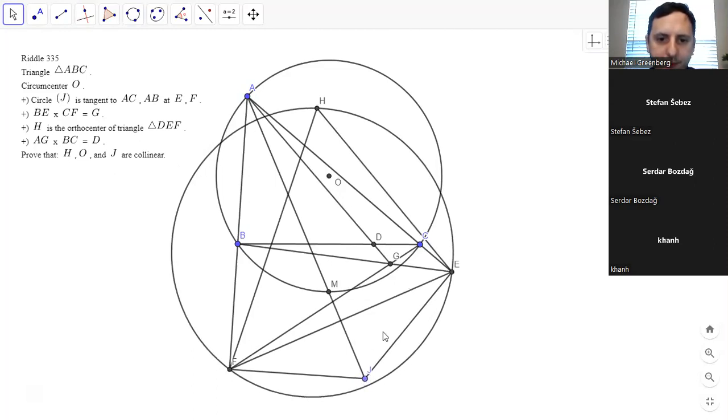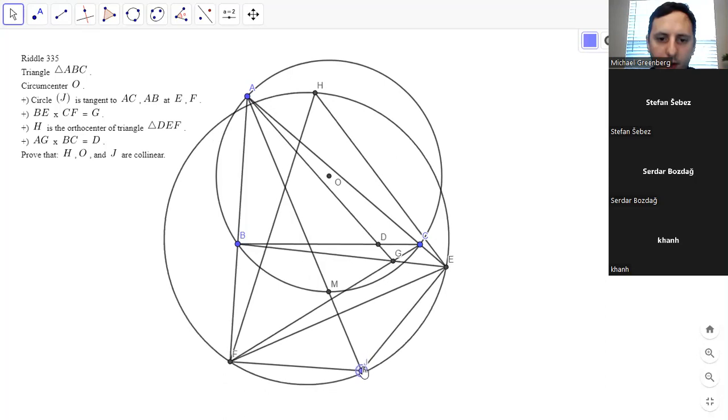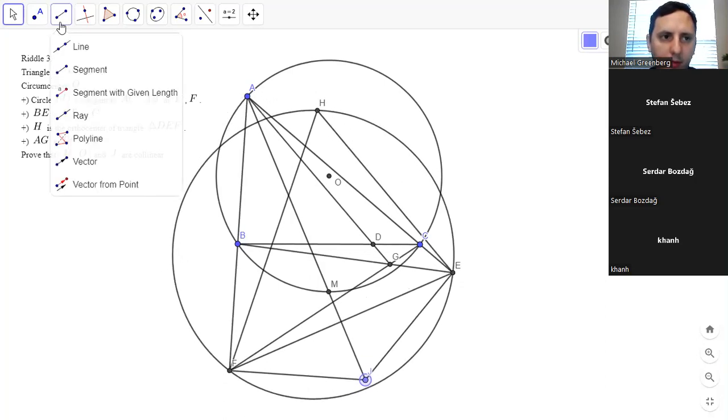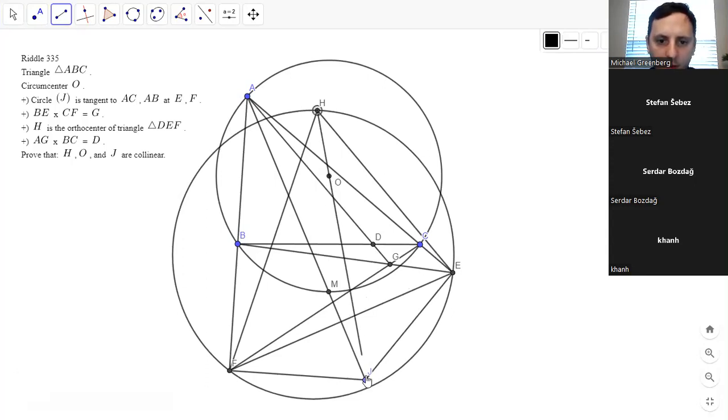So maybe, I don't think they'd be collinear with this point, but we could check. I think it's not impossible. So let's see. Yeah, those don't concur.